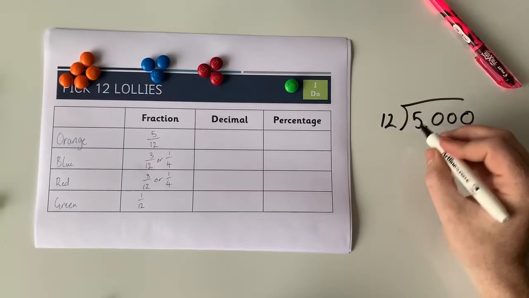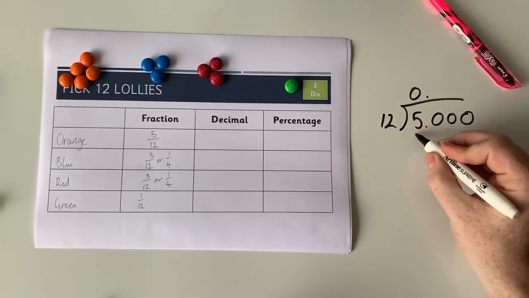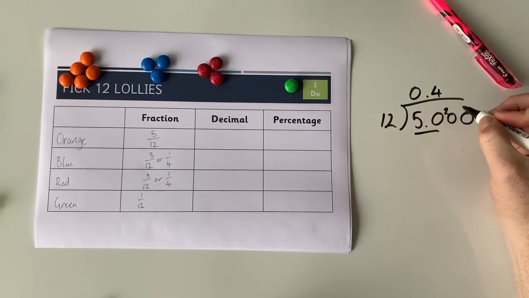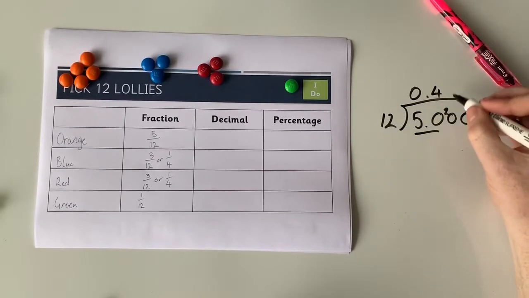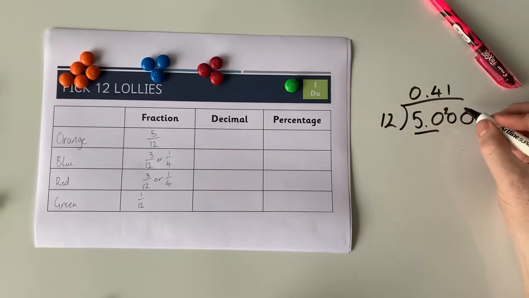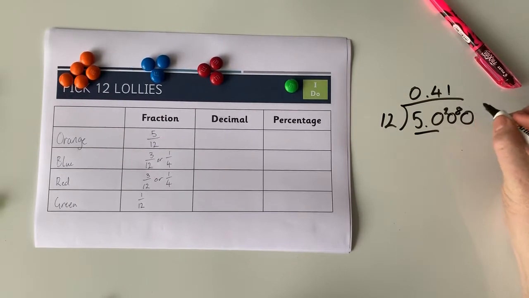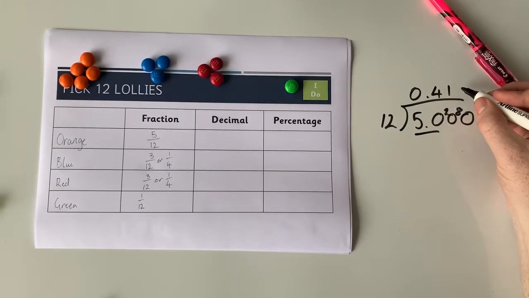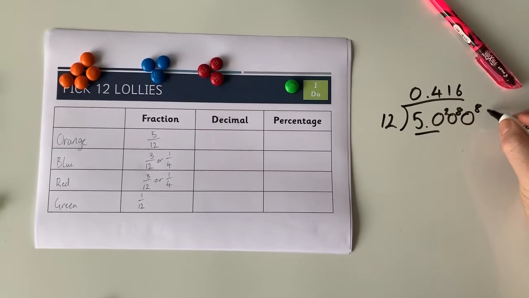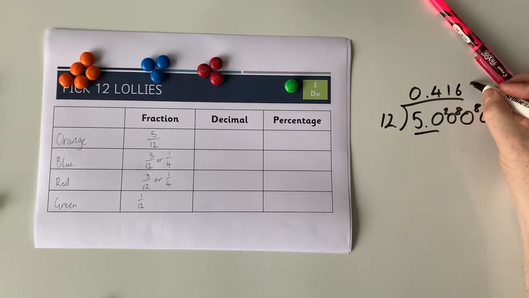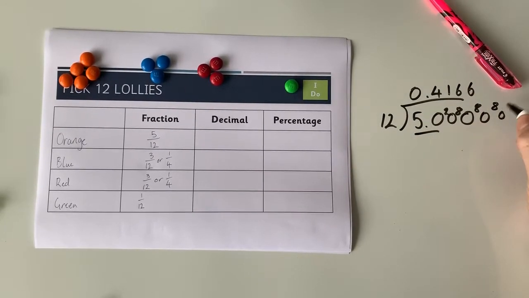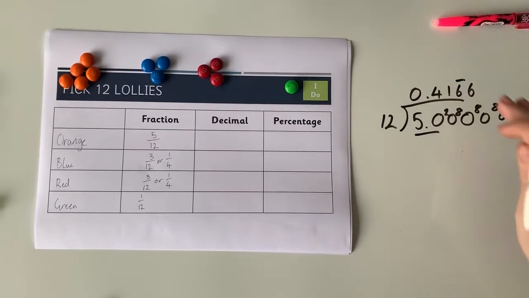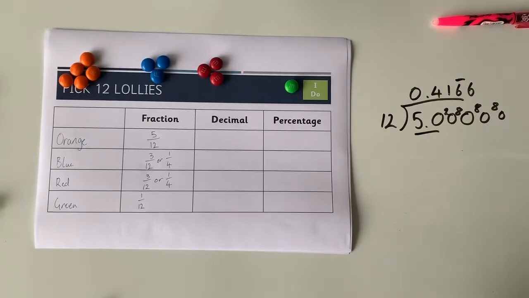So 12 goes into 5 0 times. 12 goes into 50 4 times, 2 remainder. 12 goes into 20 1 time, 8 remainder. 12 goes into 80 6 times, 8 remainder, and that would go on forever and ever. So what we're going to do is stop there.